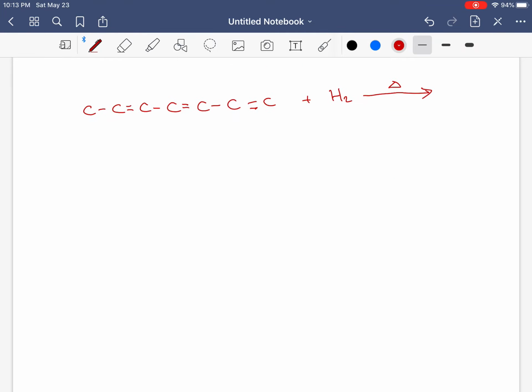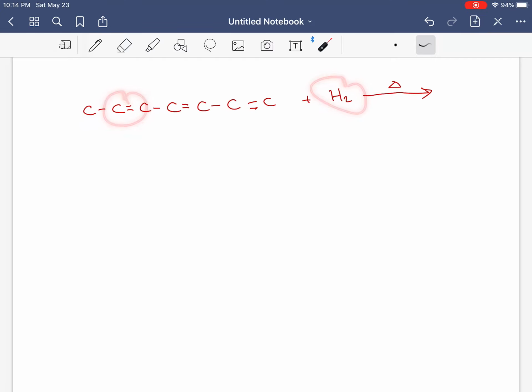Okay, so after unpausing, let's take a look. So, hydrogenation of this alkene. You can see that this looks like a hydrogenation type of question. I'm going to insert H2 into this organic molecule. Does this organic molecule have a double bond?